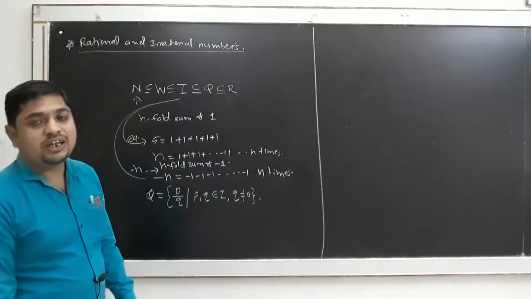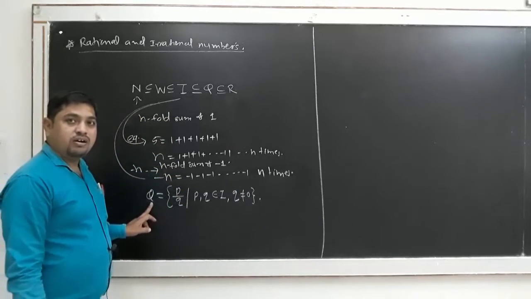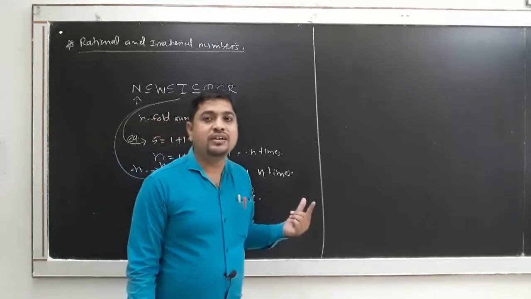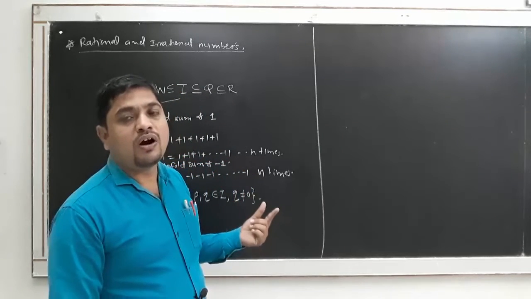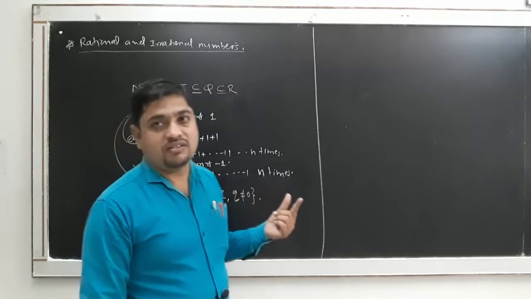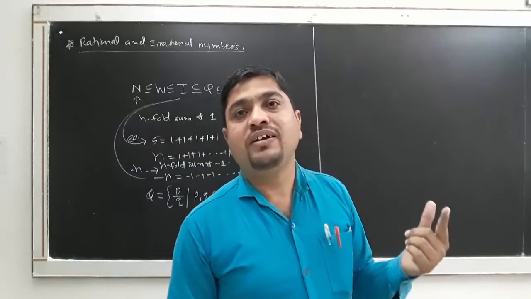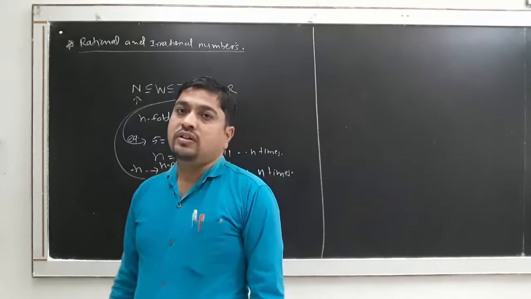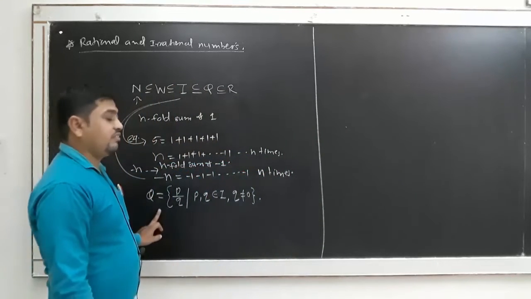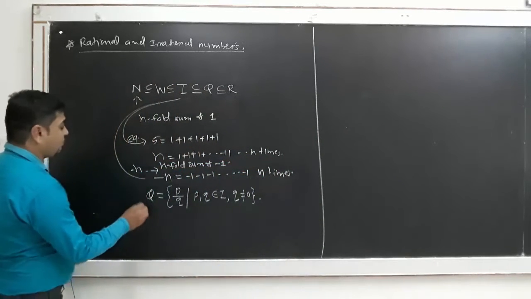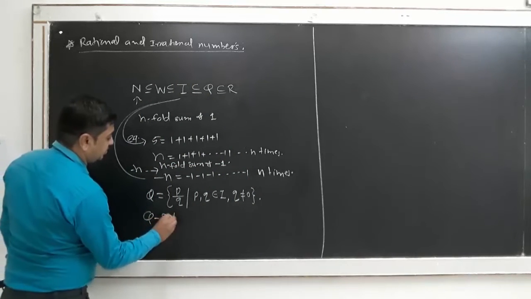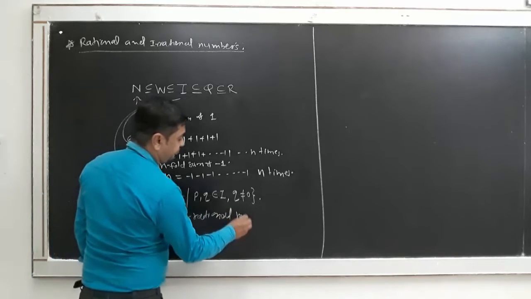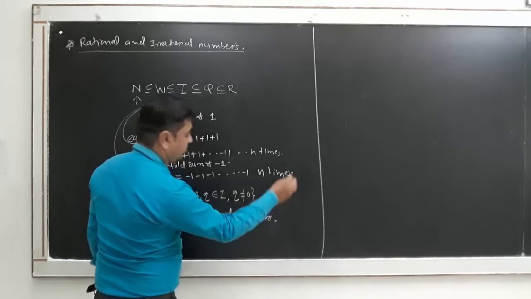That means every rational number can be written as the ratio of two integers with non-zero denominator. So this set is called the set of rational numbers.